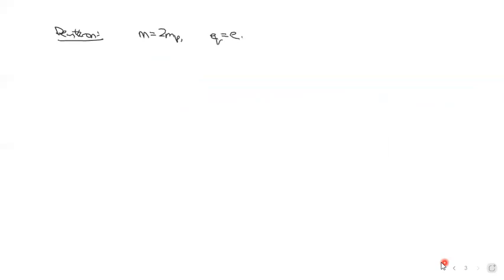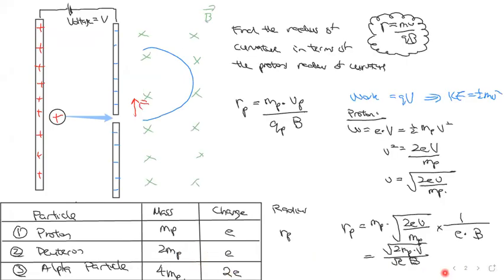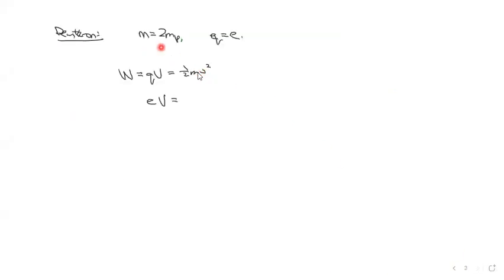So then, of course, W equals QV equals half mv squared. So we know that eV, in other words, it has the same work applied to it because it's supplied with the same voltage, it has the same charge, but its mass is actually double. So it will affect its velocity.